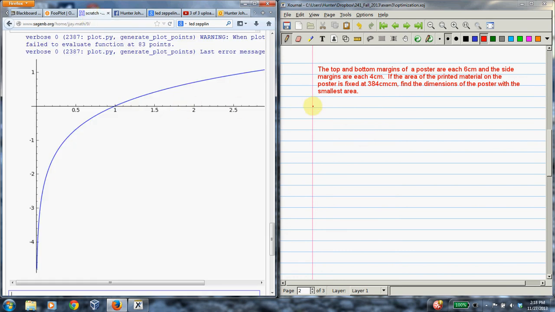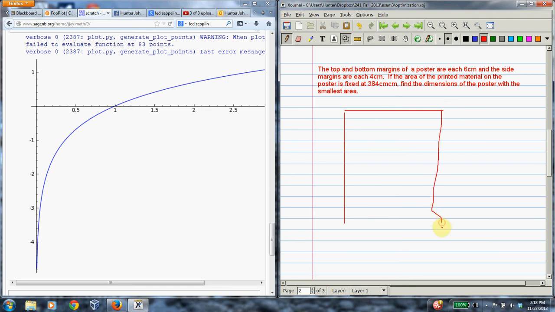All right, so let's set it up. First let's write the objective function. Actually, let's draw a picture. And you should draw a picture when you do this, or I will cry when I grade the exam. Trying to do this without a picture is impossible, or at least unnecessarily painful. So let's say that this is the outer part of the poster, and now let's try to draw what the inner part is going to look like.